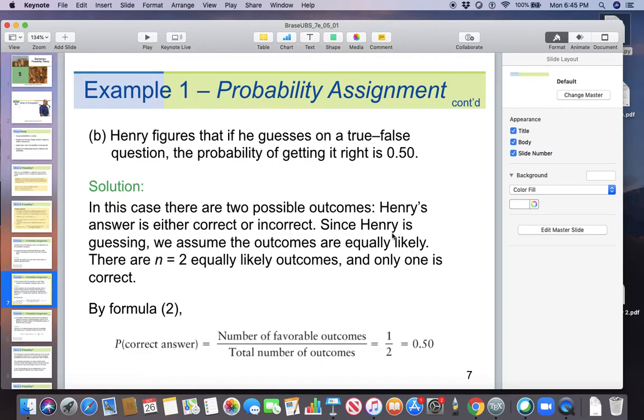He might guess it correct, he might guess it incorrect, so both outcomes are equally likely. There are two equally likely outcomes, and only one is correct. So the probability of the correct answer is the number of favorable outcomes, 1, out of the total number of outcomes, 2, which is half. Half is 0.50.